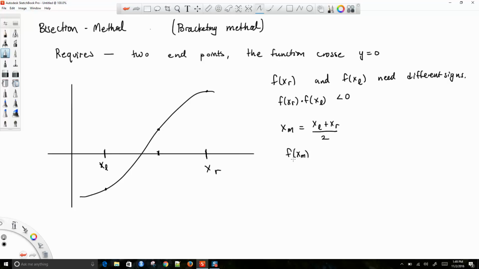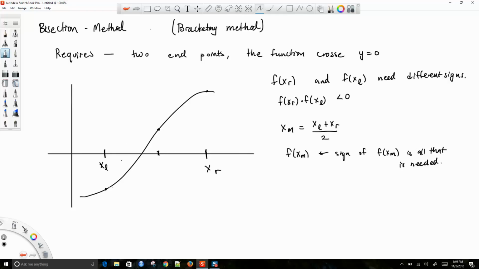If there's a quick way to just get the sign, that's really all you need, the sign of f of x sub m. So sometimes we might be able to figure out the sign, okay? And then pick your two endpoints so that they have different signs, okay?